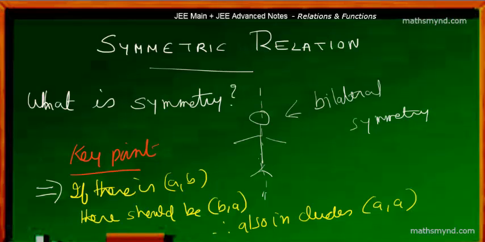Note also the interesting point that if it's the same element forming the ordered pair, that is AA, then you don't have to have another ordered pair as the symmetric pair, because AA itself forms the symmetric ordered pair. So that's an important point.